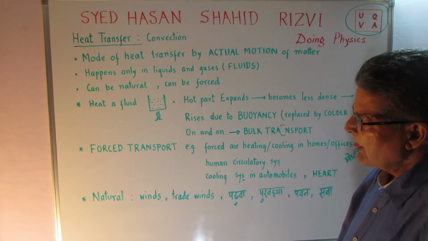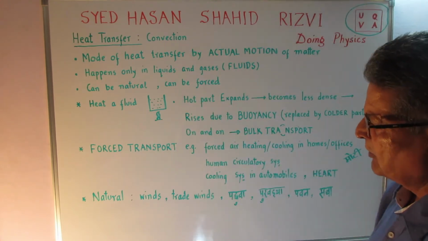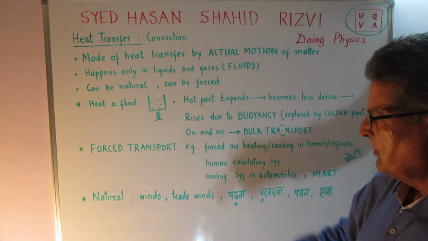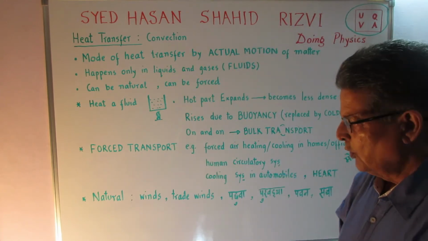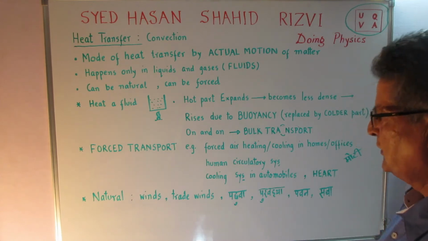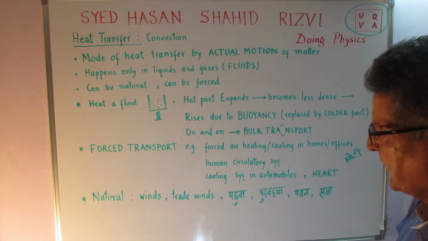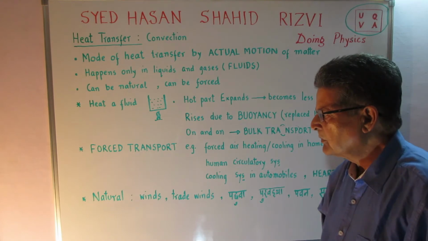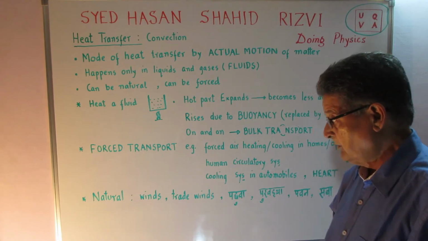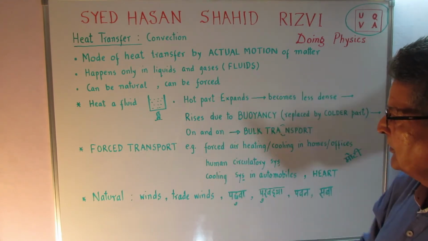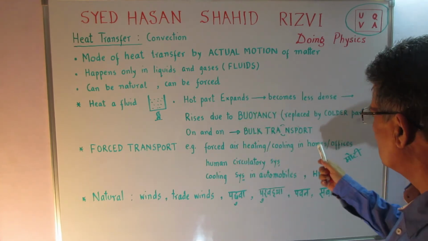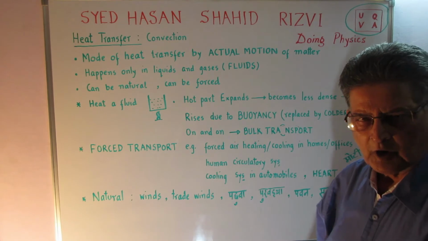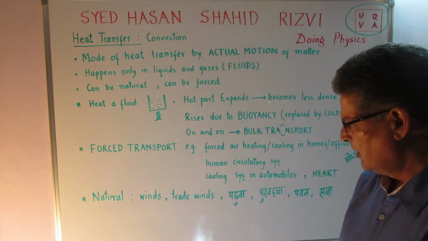Now, we also know about forced transport of matter, which has different temperature characteristics compared to the environment. For example, forced air heating and cooling in homes and offices.